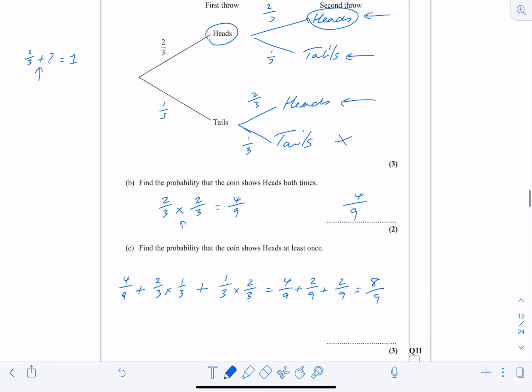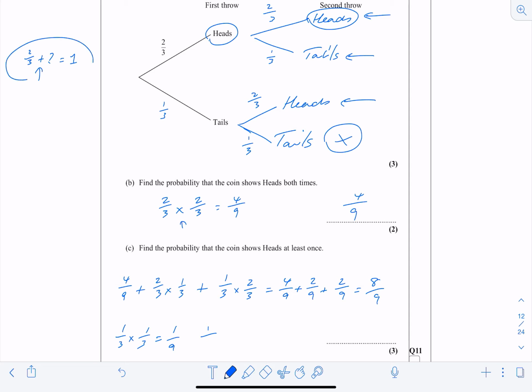Another way to work that one out, which is a more elegant way, is that I can see there's only one way that doesn't work. So I can say, what's the probability of tails and tails? It's 1 over 3 times 1 over 3, which is 1 over 9. And I know the other 3 ways together will provide the rest of the fraction up to 1.